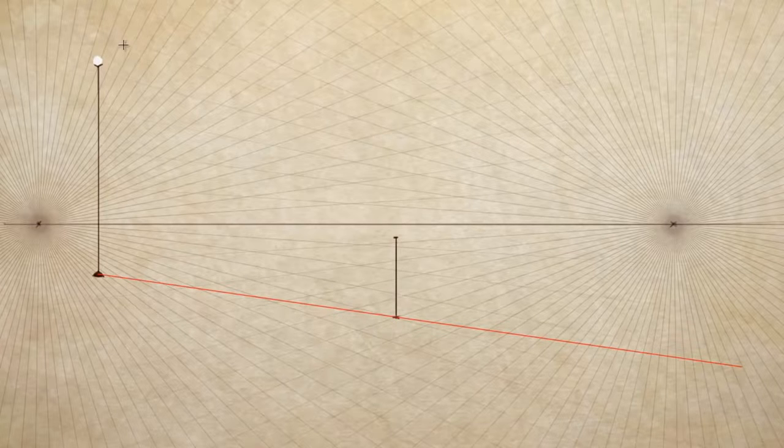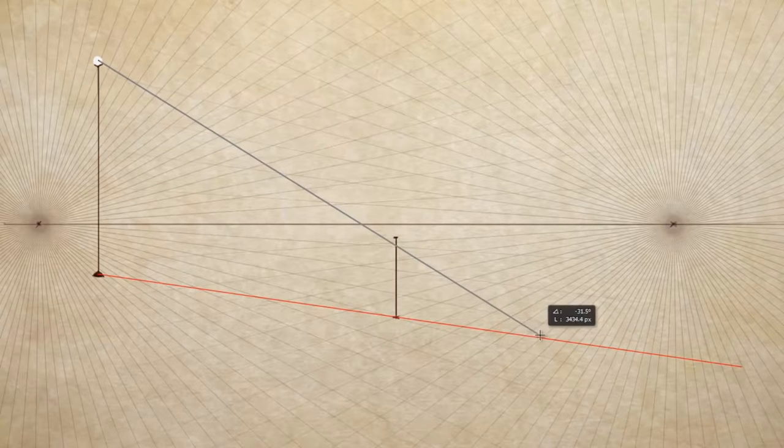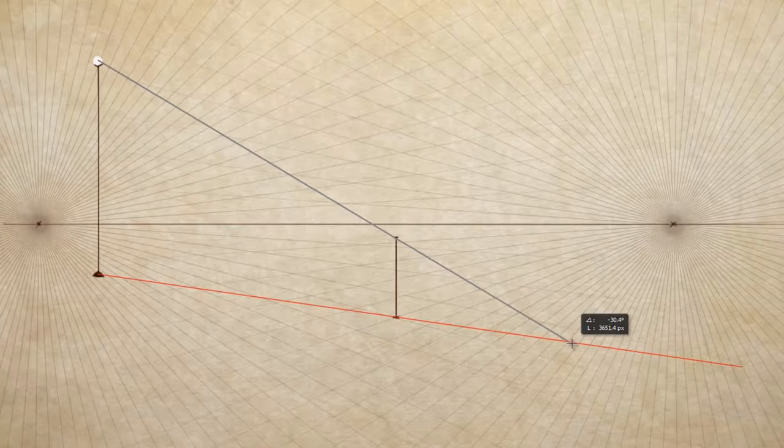And then you go from the light through the top of your object, and at some point it will hit this line, and there you go. So that's going to be your cast shadow from here to here. This is describing where your cast shadow would be. So that's pretty cool, pretty useful.